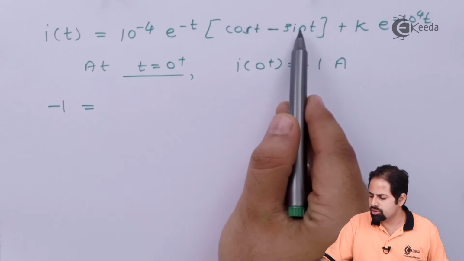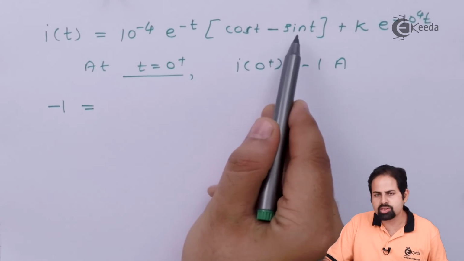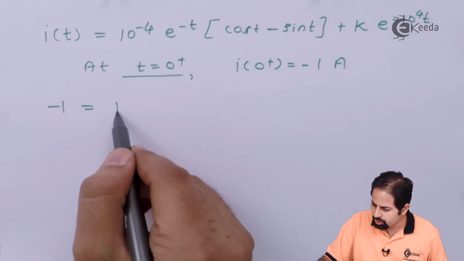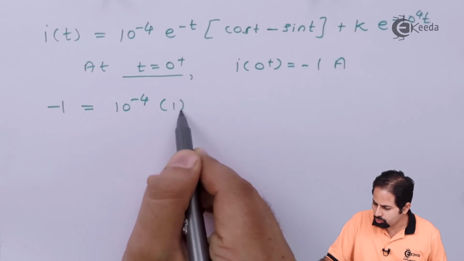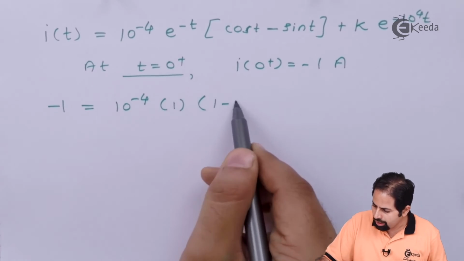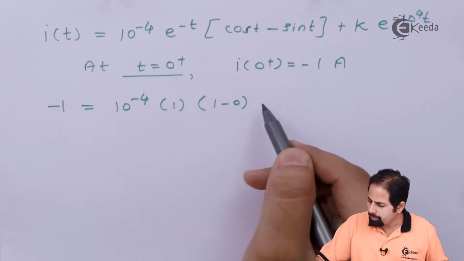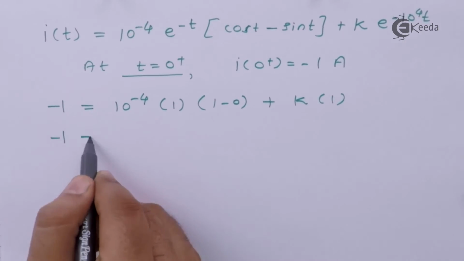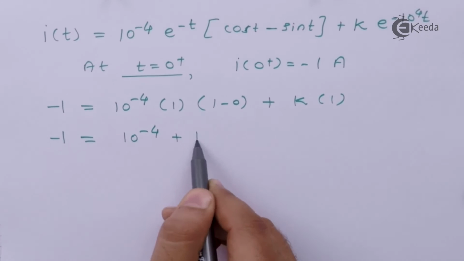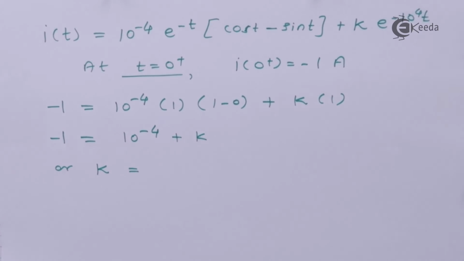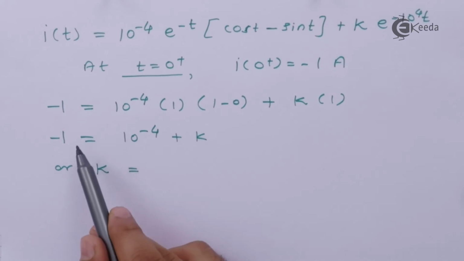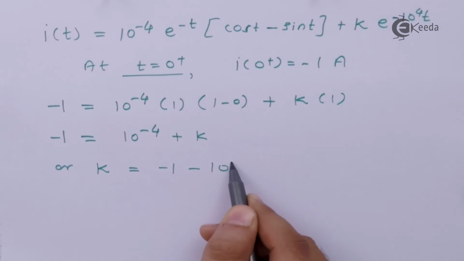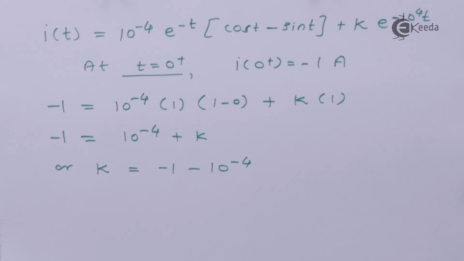Here sin 0 will become 0, cos 0 will become 1, 1 minus 0 will become 1. So it is going to be 10 raised to minus 4 into 1 into 1 minus 0, that is again 1, plus k into 1, or k is going to be equal to minus 1 minus 10 to the power minus 4.